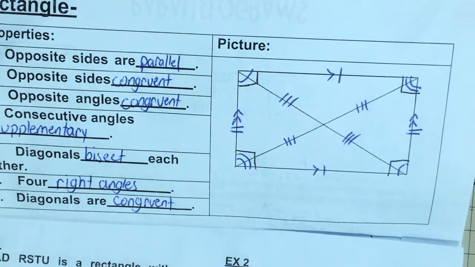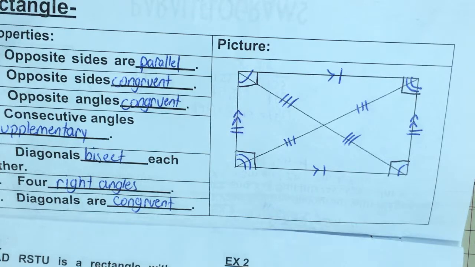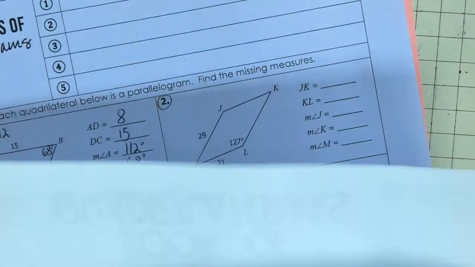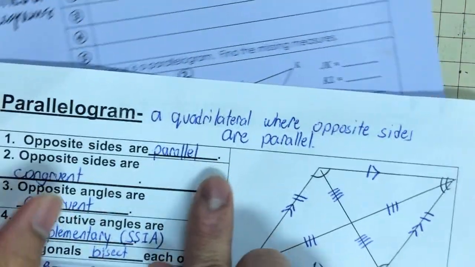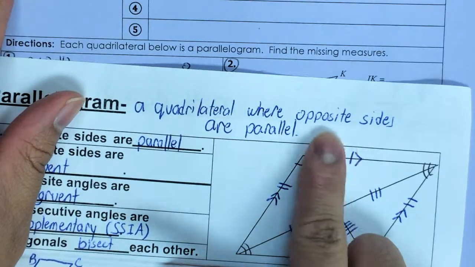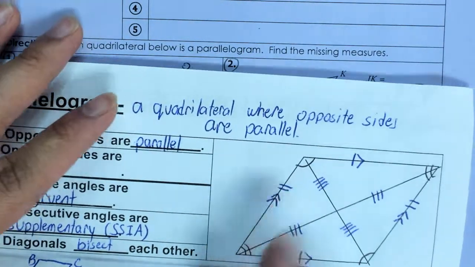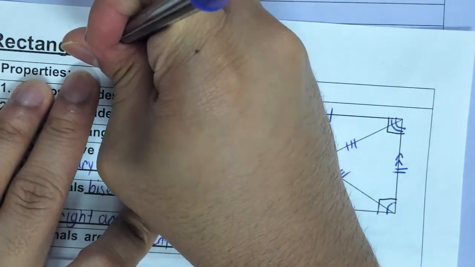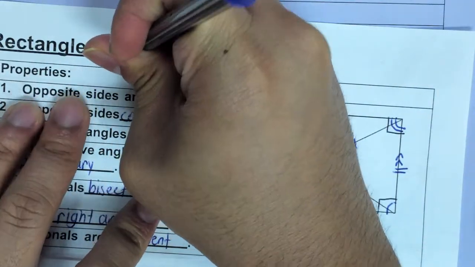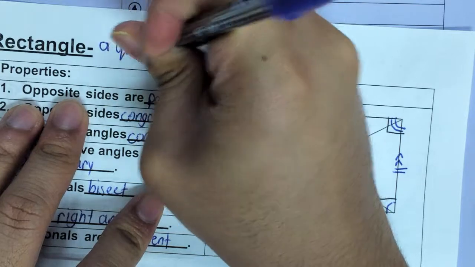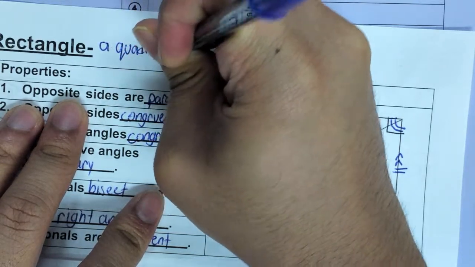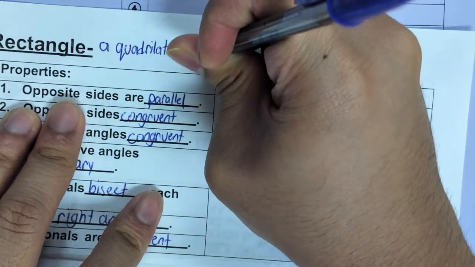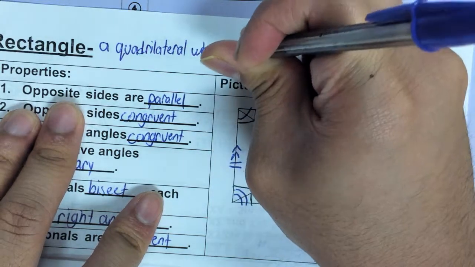So the minimum definition of a rectangle. A parallelogram is a quadrilateral where opposite sides are parallel. Rectangle takes that one step further. It's still a quadrilateral where opposite sides are parallel.